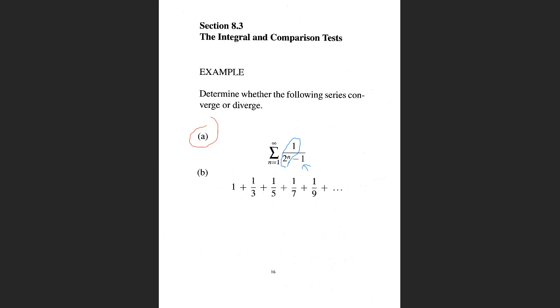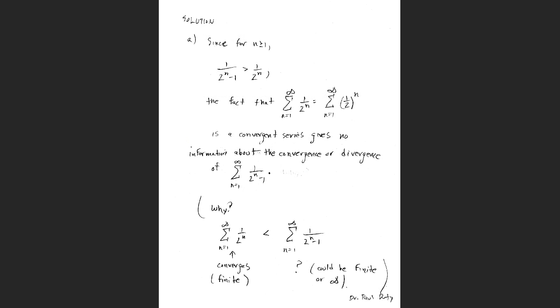All right, well, let's see. Let's try it. So here we go. 1 over 2 to the nth power minus 1 is greater than 1 over 2 to the nth. And 2 to the nth power is a larger denominator than 2 to the nth power minus 1.